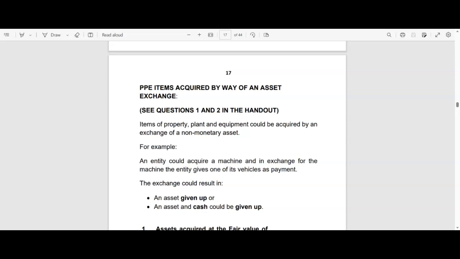That is what is called an asset exchange. So not only are we using credit facilities, not only are we using cash or money to pay for the asset, but we are also using another kind of asset than cash as payment, or at least partial payment, for purchasing the new asset.